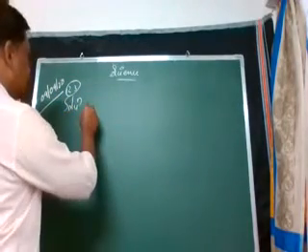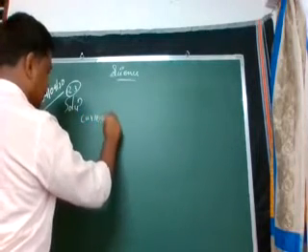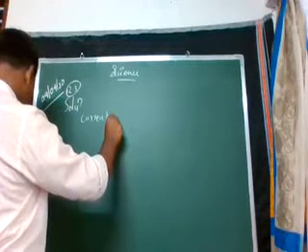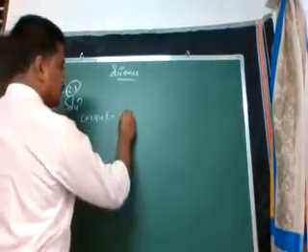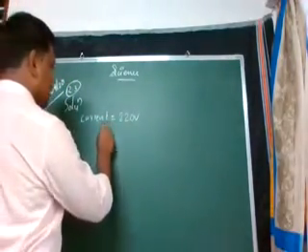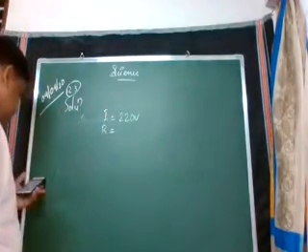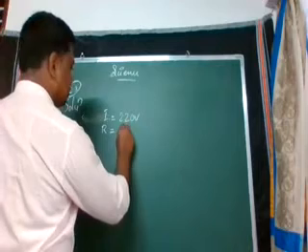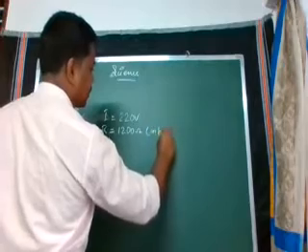Given that voltage V is equal to 220 volt, then resistance R is equal to 1200 ohm in the bulb.